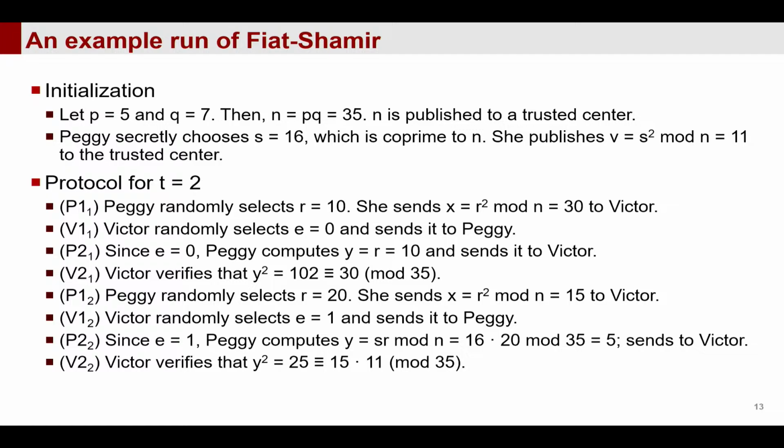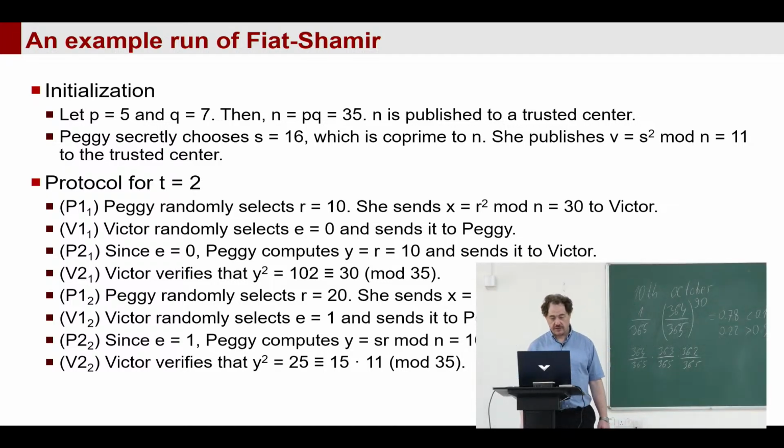Let's say that the trusted center picked p and q, the two prime numbers, and calculated their product, which is 35. The 35 is published to everyone, while 5 and 7 are kept secret.